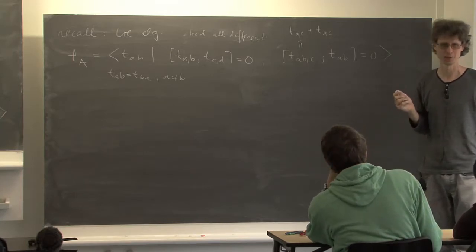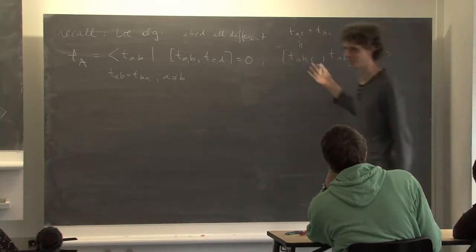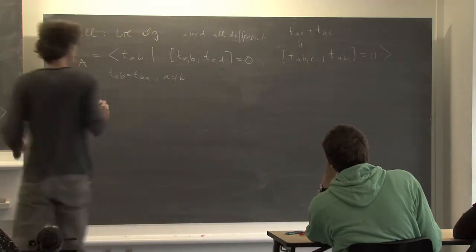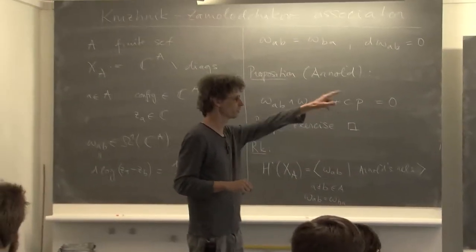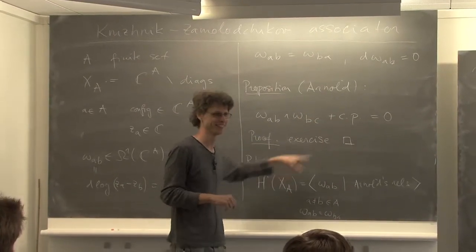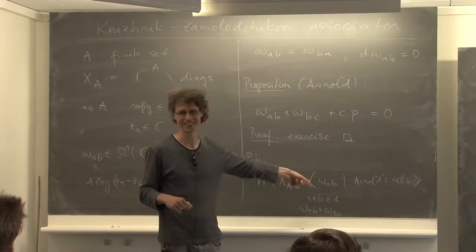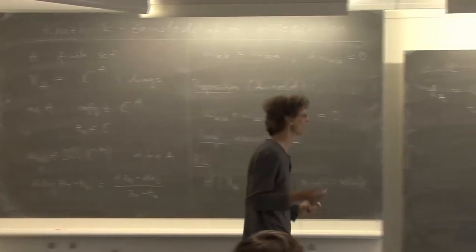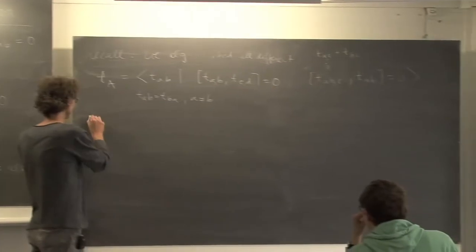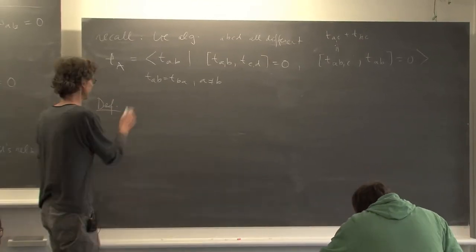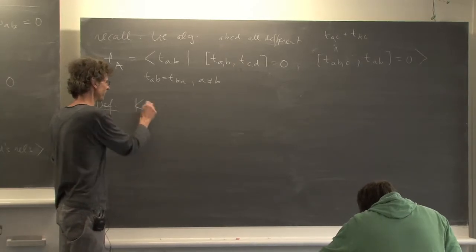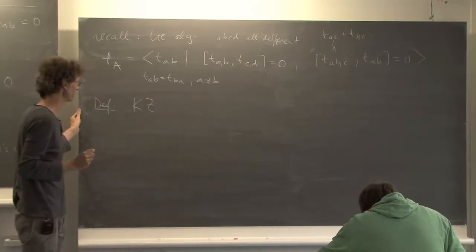Once there was such a Lie algebra, once upon a time. And now let us somehow combine, you see, at least those things are indexed by the same things as these things. Possibly it makes sense to look at it. So let us define this Knizhnik-Zamolodchikov, which will be from now on KZ, because it's way too long to write.